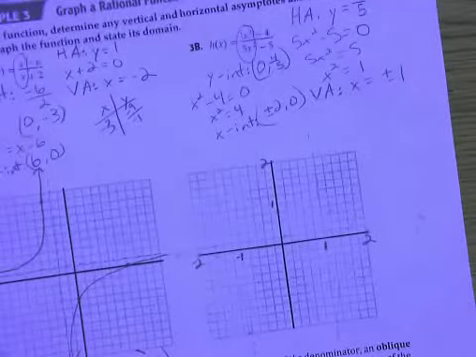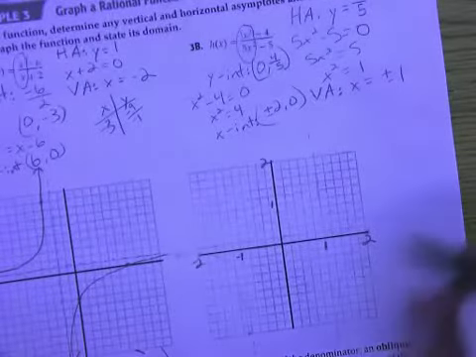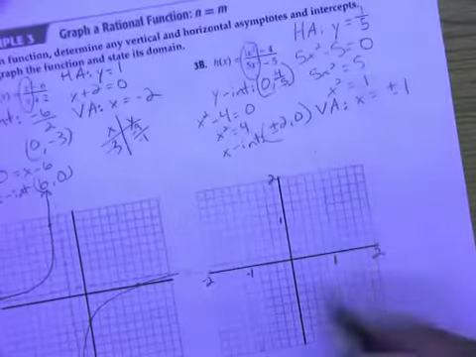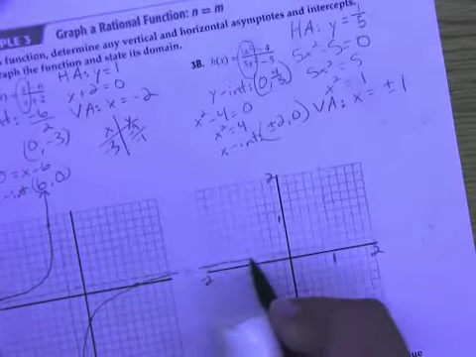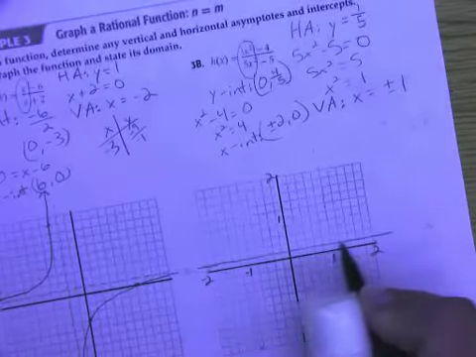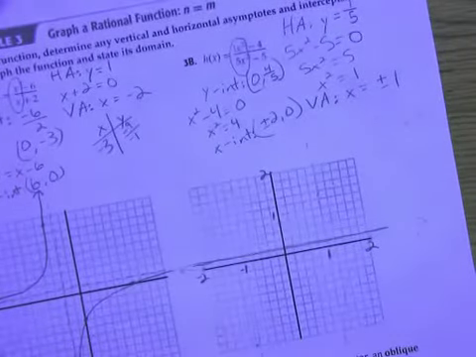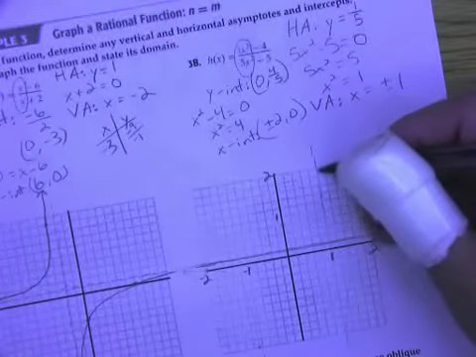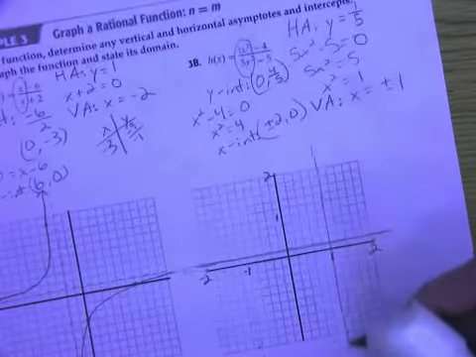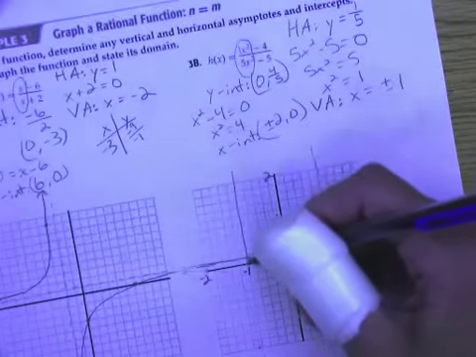So let's take all this information and put it in our graph. Our horizontal asymptote is at y equals 1/5, so that's here. My vertical asymptotes are at x equals positive 1 and -1.